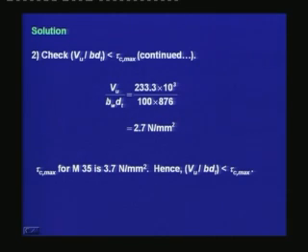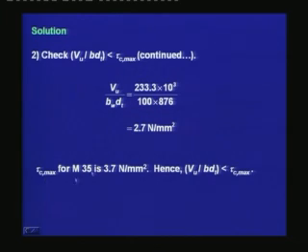The average shear stress at the critical section, here we are substituting Bw for B, that means Bw, which is equal to 100 for the web, is substituted in that expression. Thus, Vu divided by Bw dt is equal to 233.3 times 10 to the power 3 to convert kilonewtons to Newton, divided by 100 millimeters times 876 millimeters, which gives the average shear stress to be 2.7 Newton per millimeter square.